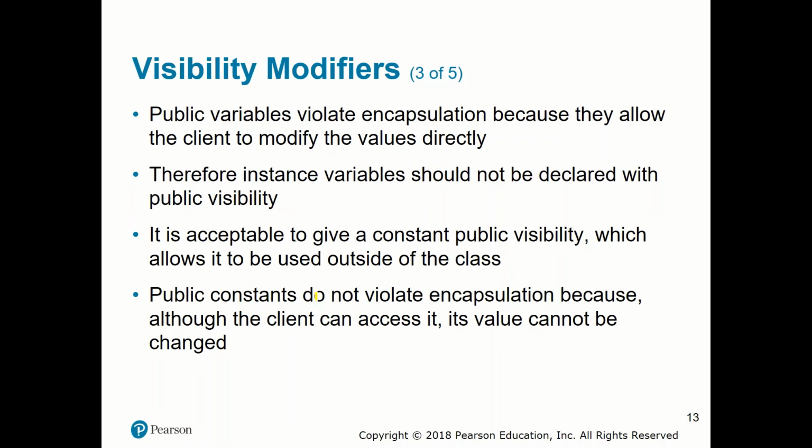Public constants do not violate encapsulation because although the client can access it, its value cannot be changed. Can you understand this one? A constant cannot be changed, so it is okay to be declared as public. It means like that.